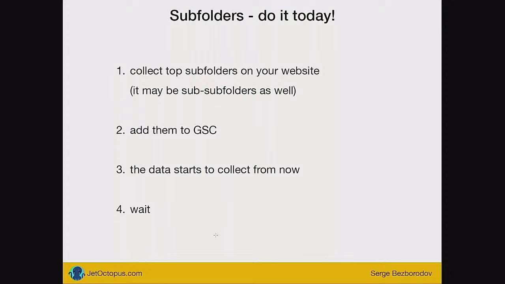It will be already verified, basically a one-click action. The problem is the data starts being collected from the moment you add them. So that's why I'm saying do it right now, or tomorrow, and forget about it for a month or two. Same as bulk exports, the data should accumulate.